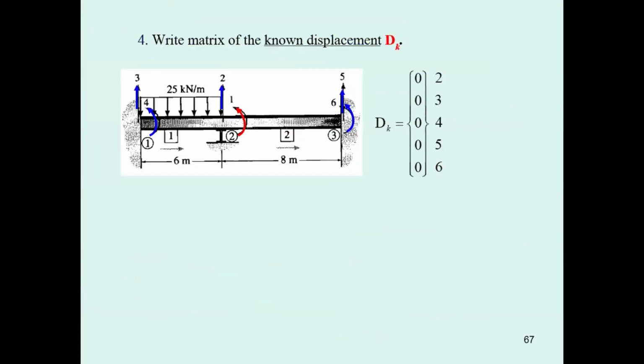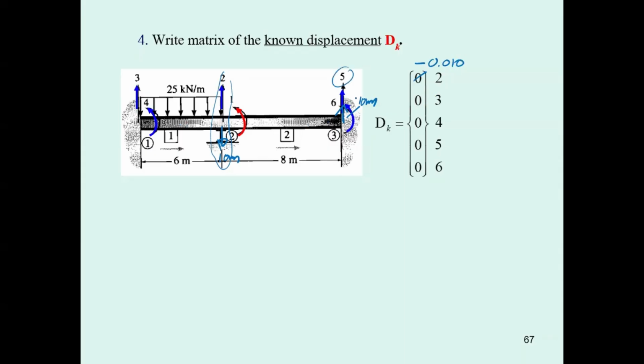Taking capital D sub K, no settlement, all of them going to be 0. If Ajahn is putting this one to be 10 millimeter, putting this one upward 10 millimeter, things are going to change. So for this one in number 2, this one changes to minus 0.010 meter.